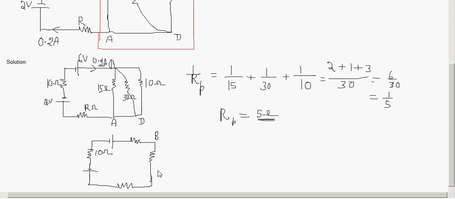Between B and A we have Rp, which is equal to 5 ohm. We don't have any resistance here. This is just 6 volt, 2 volt and R ohm, and the current through this is 0.2 amperes.